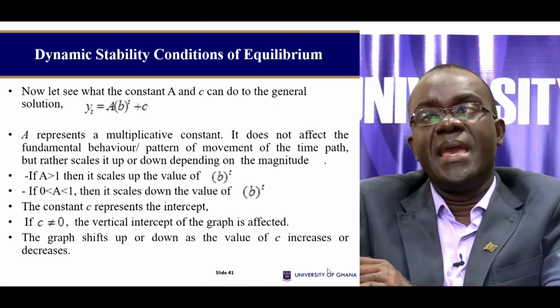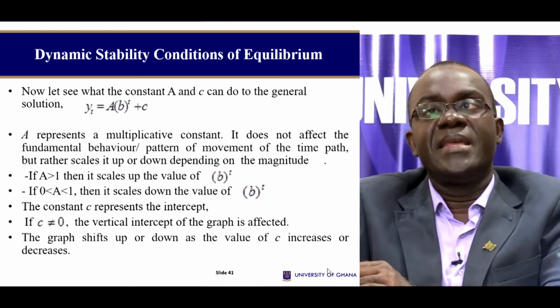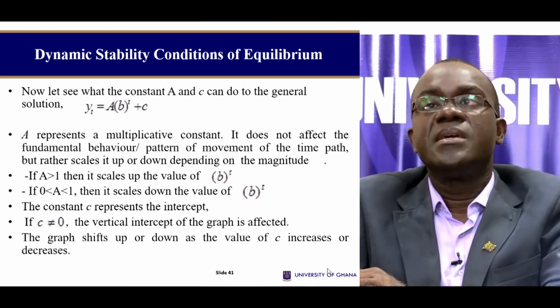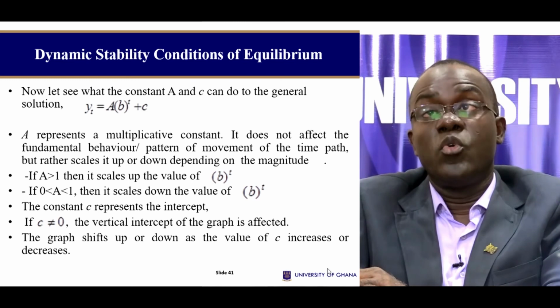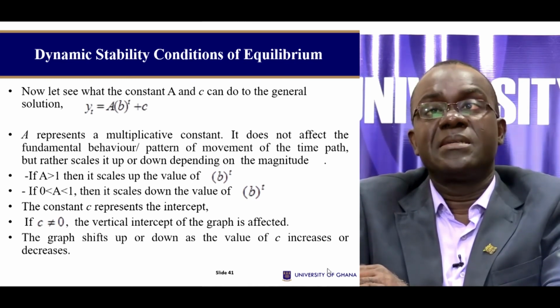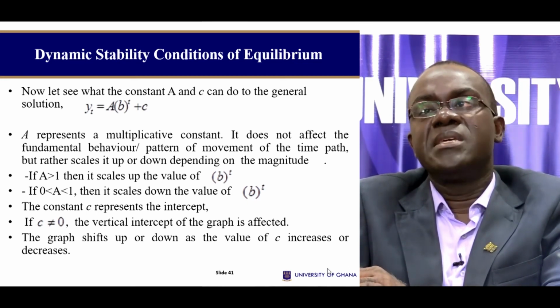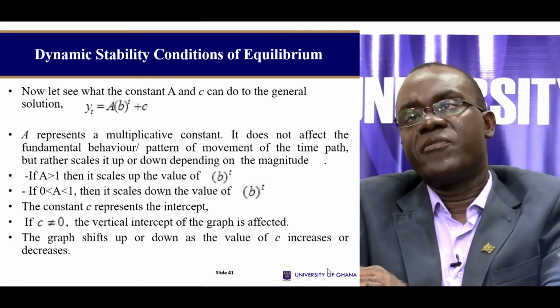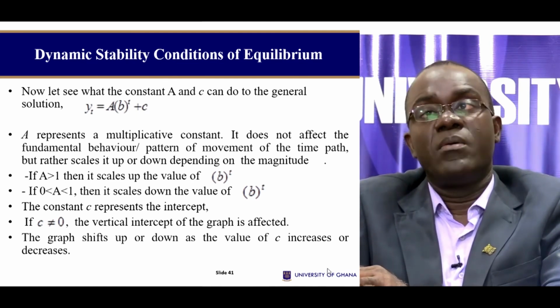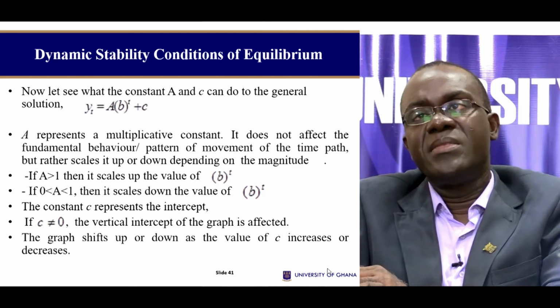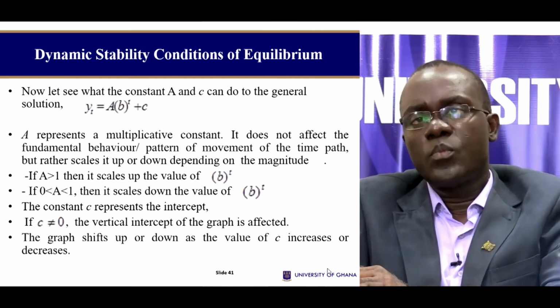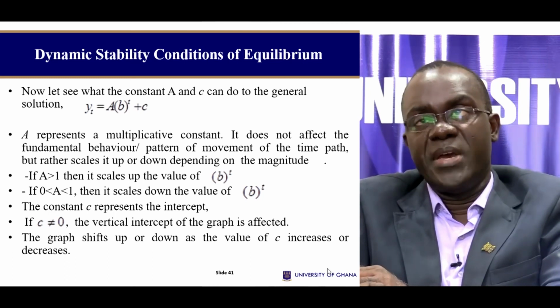This value a here is a scale factor, right? It expands the value that we get here. So you multiply the value that we get here by a certain factor, so it expands it, all right? Now, what is the value of this c here? The c here draws this function up, or it draws it down. So when we combine these 2, that is the a and the c, all it means is that what matters is the behavior of this function. This one will scale it up or scale it down.